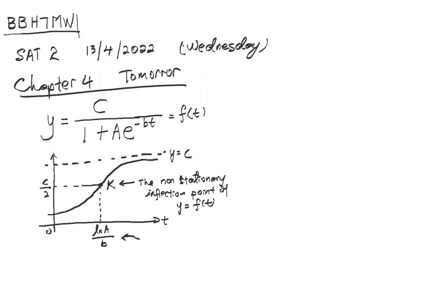This one will say that at t equal to ln A over B, y equal to f(t) is increasing at the fastest rate, because the slope at that point is the steepest.